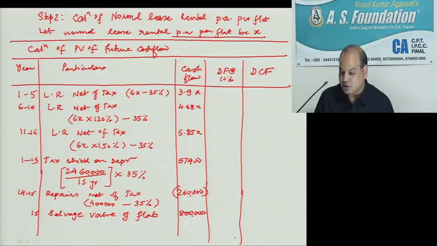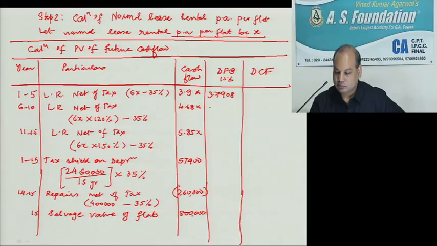So now discounting factor for 1-5. Wait, I will tell you. 3.7908. 6 to 10. 2.3538. 2.357 is not right.